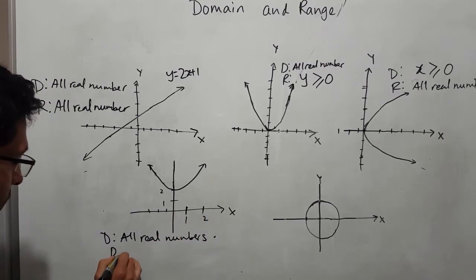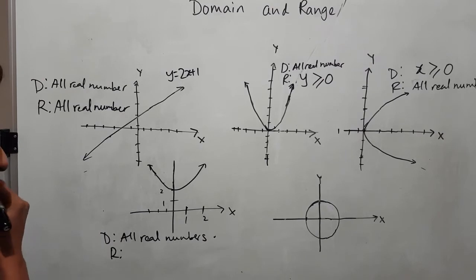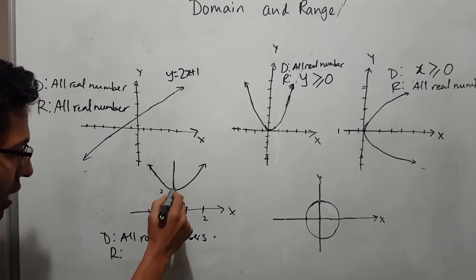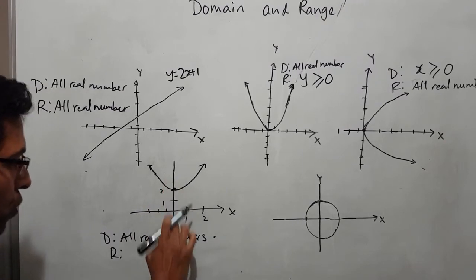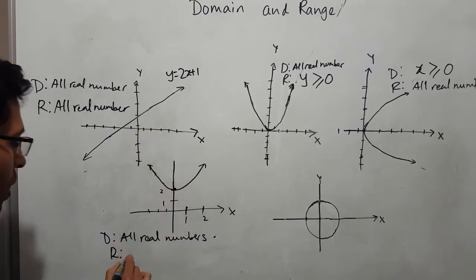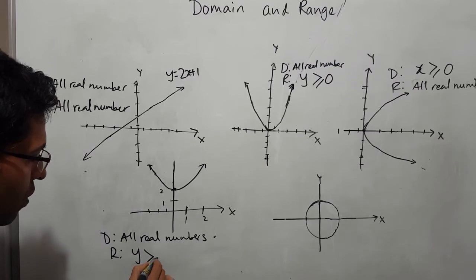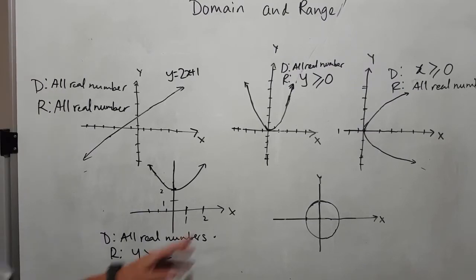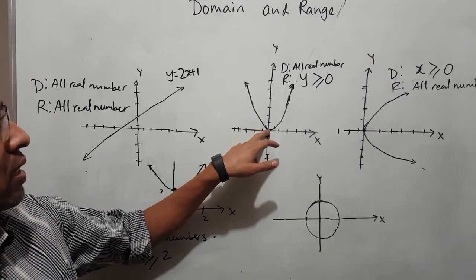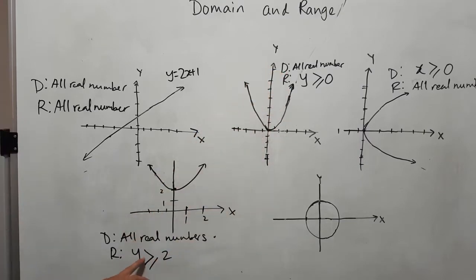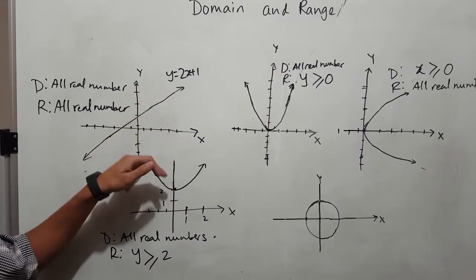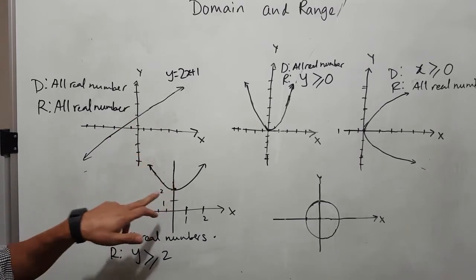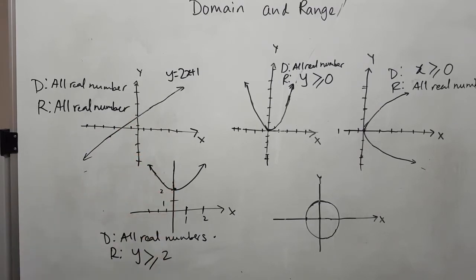But if you look at the range, you can see the minimum value of y is 2. It's not going below 2. It can be 2 or more. So I can say y is greater than or equal to 2. Before it was 0 because it started at 0 and went from 0 to more. But here it starts from 2 and goes in the positive direction. So this is the minimum value of y.